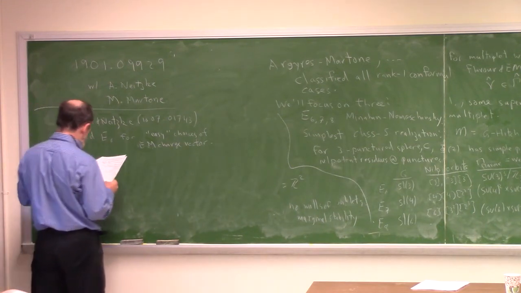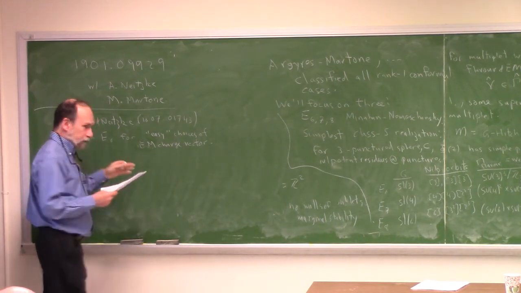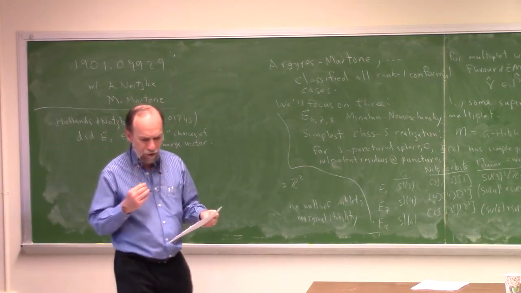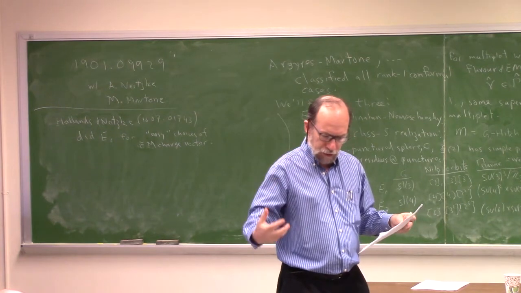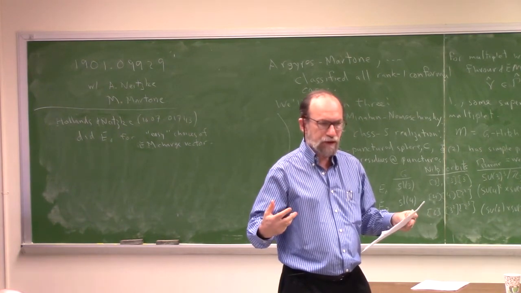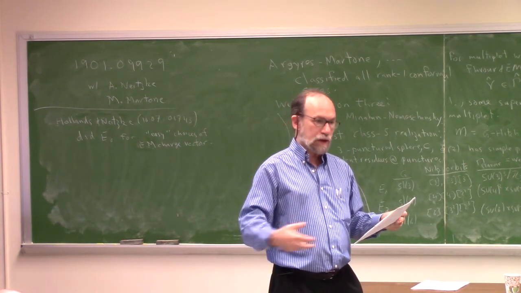But they did, and there's no, at least in the spectral network approach, no direct access to the spin of the BPS representation that you get, or the combination of spins.